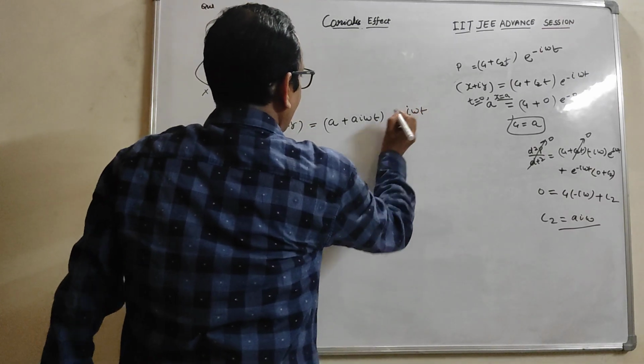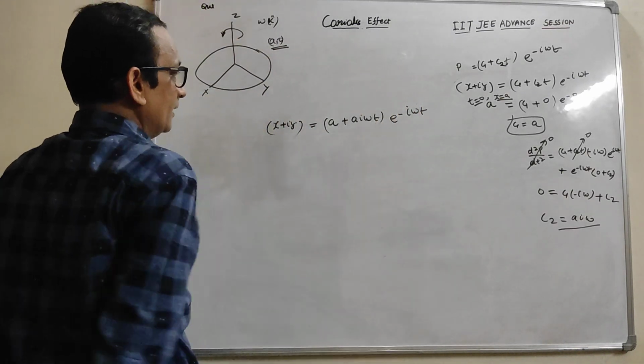This is iota. So e raised to power minus iota omega t.